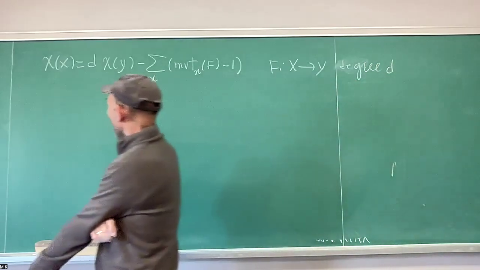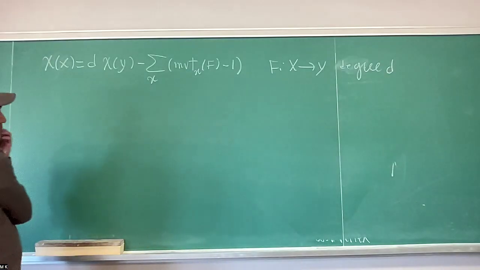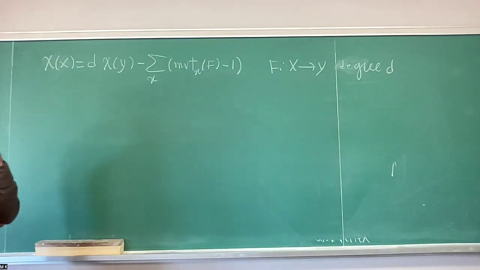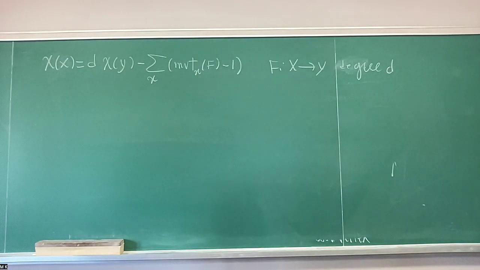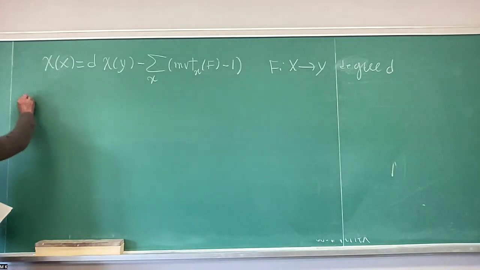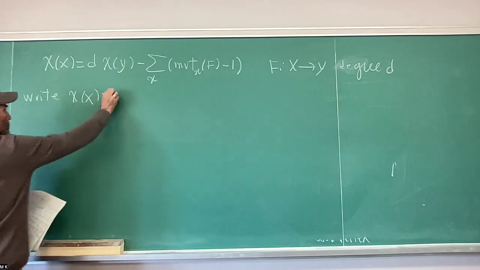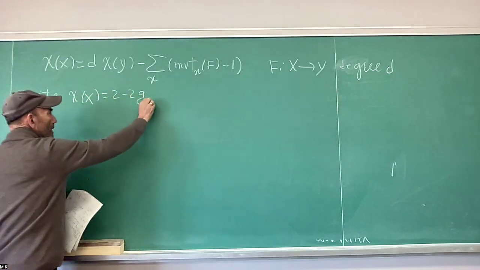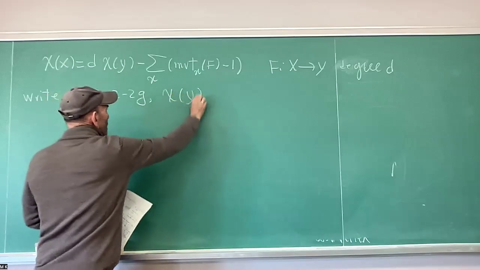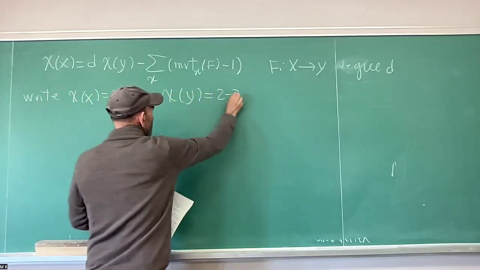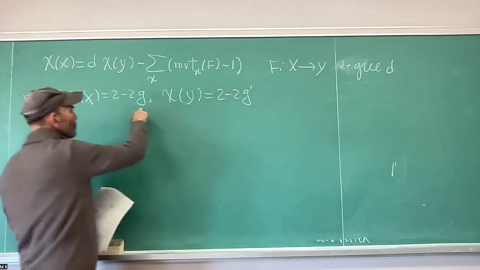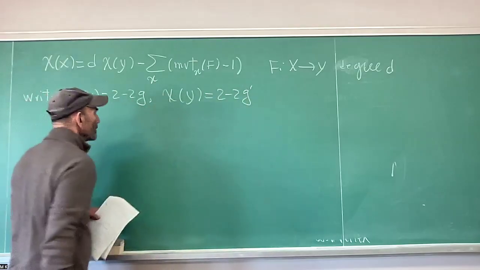Okay, so if you write these things in terms of genus, I'm going to write it like this. What notation did I use? Did I use g? I just use g now for the domain, yes. So write chi of X equal to 2 minus 2g and chi of Y equal to 2 minus 2g prime. Or you can just use g_X and g_Y, right?